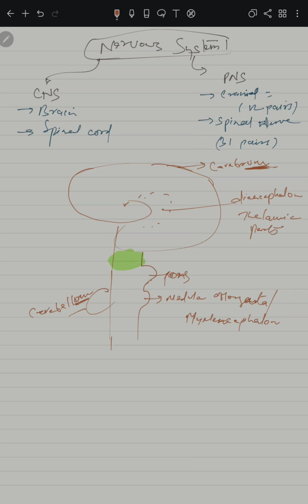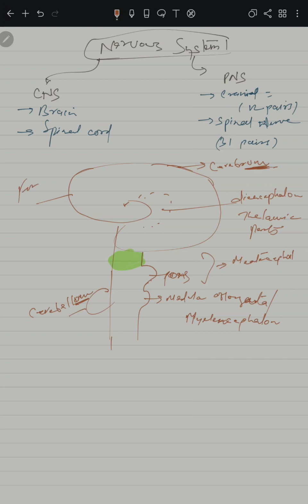Both cerebellum and pons are posterior, so we can't see them in a sagittal or coronal section. Both cerebellum and pons are called metencephalon, and only this medulla is called myelencephalon.